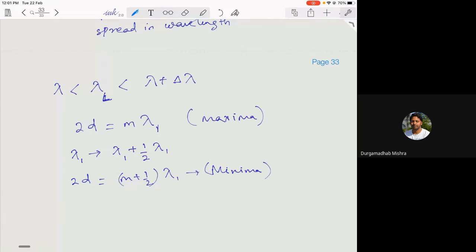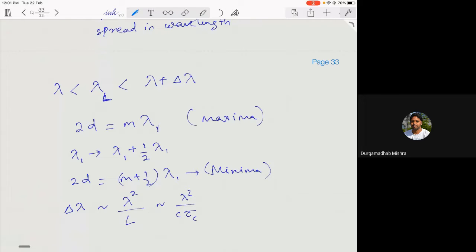I will not go into the detail, it is easy to do this calculation, and you can look it up in the book. It will be of the order of lambda square by L. If delta lambda is of this order or less than that, you will observe an interference pattern.